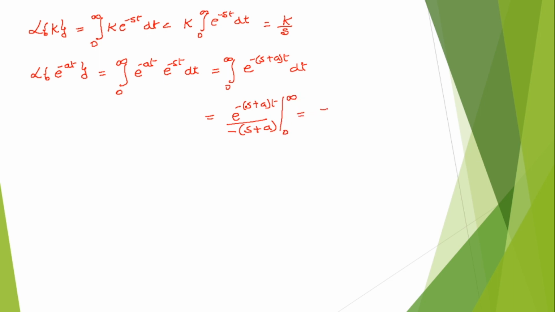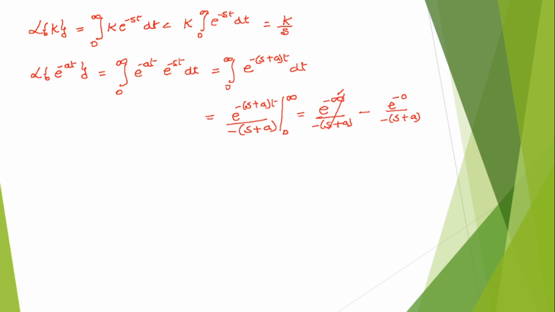That means e to the power minus infinity when t is equal to infinity, by minus s plus a, minus e to the power minus 0 by minus s plus a. As we know, e to the power minus infinity is 0.